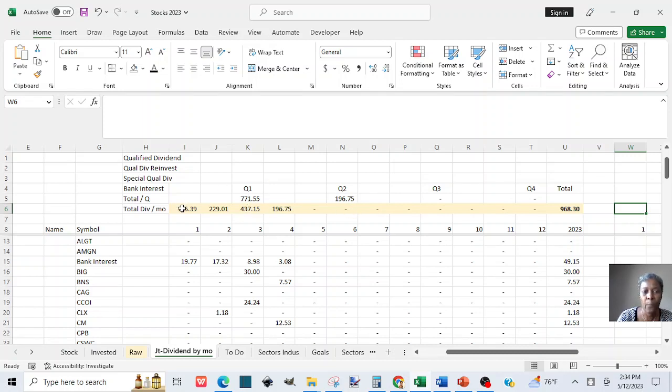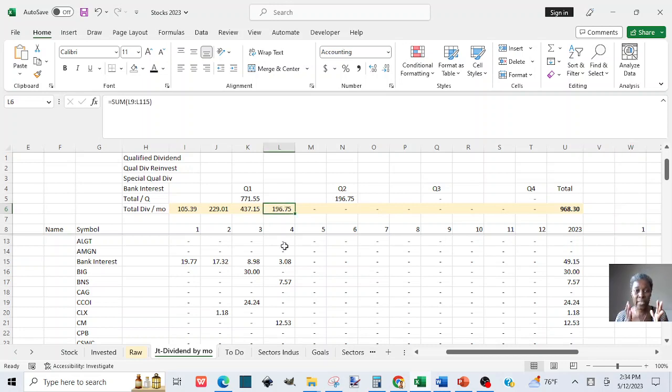Because we didn't invest in a lot of them in January, you can see that in April the dividend income is higher than January, but still on the low side.